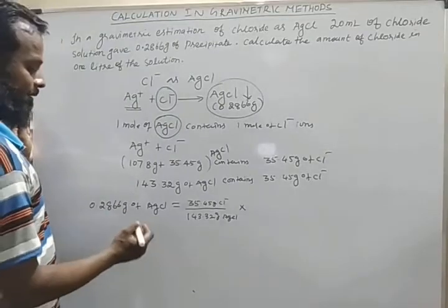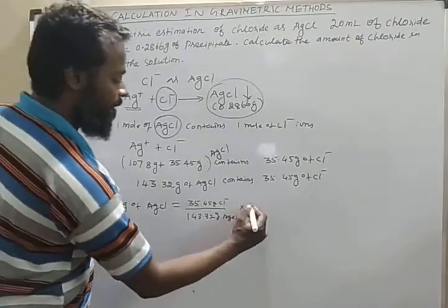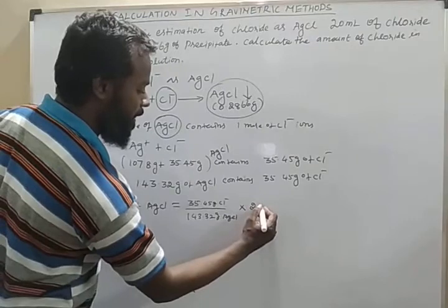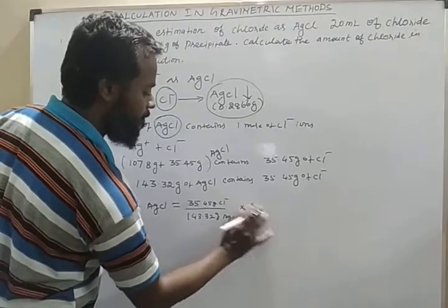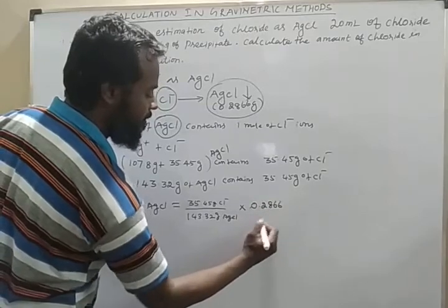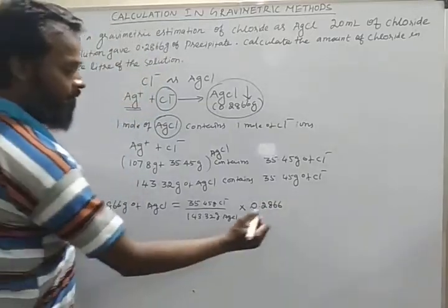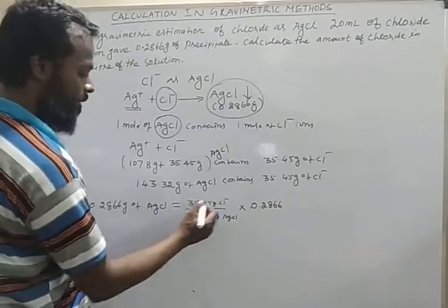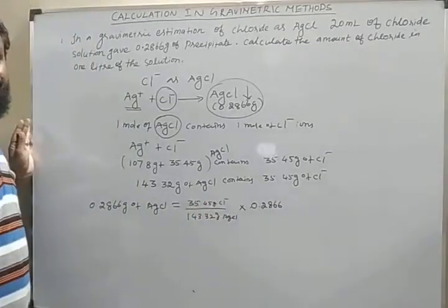If we multiply this with this value, we will get the answer: 0.2866 gram of AgCl contains how much chloride ion.